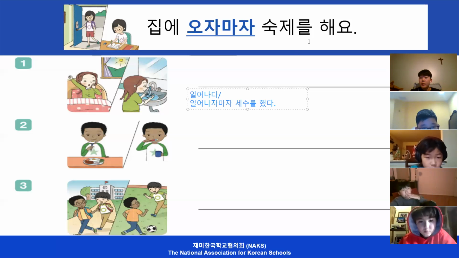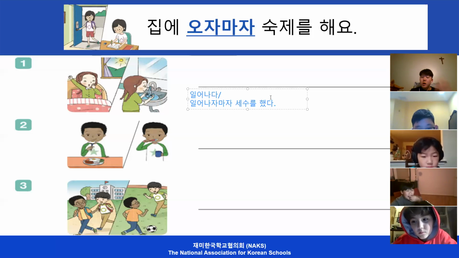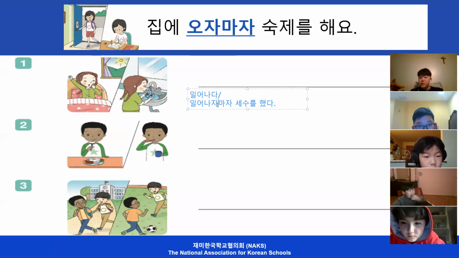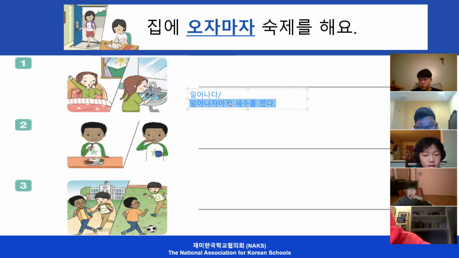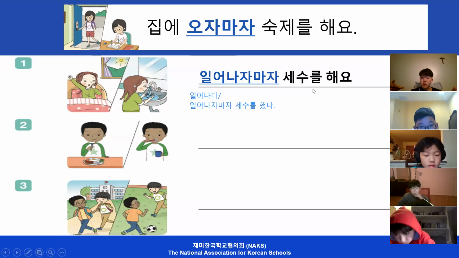There was no other subject until the ending. In my opinion, this is the easier form, simpler, shorter, more lenient. 일어나자마자 세수를 해요.